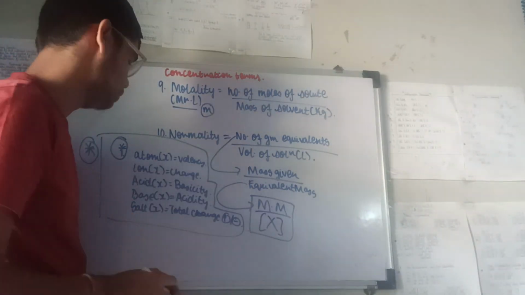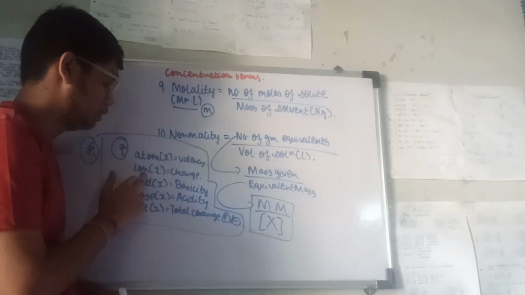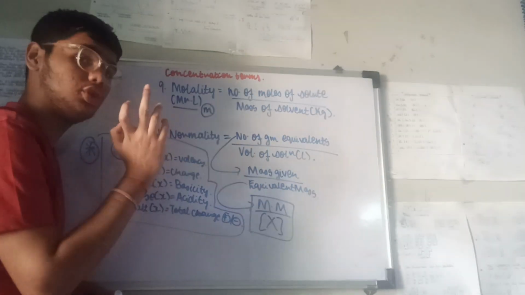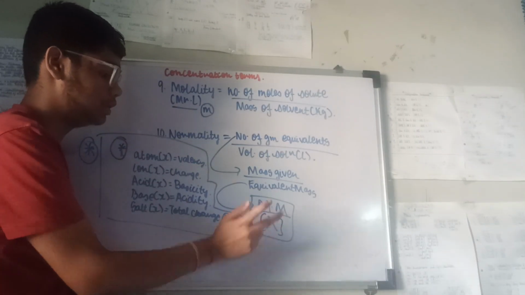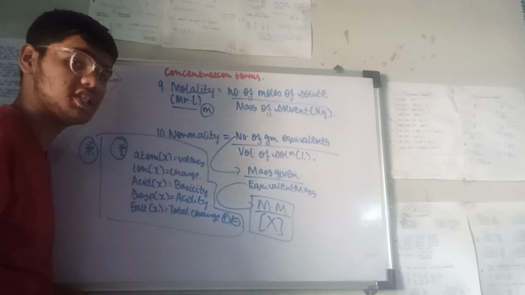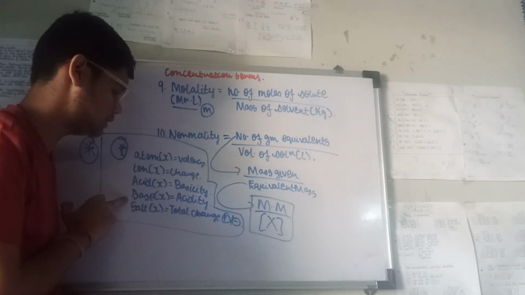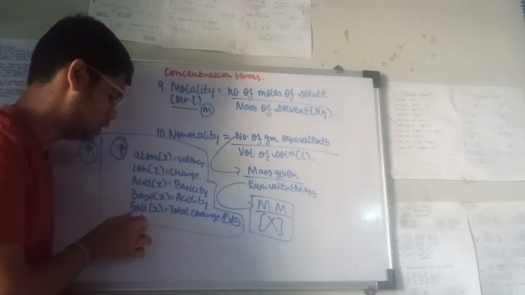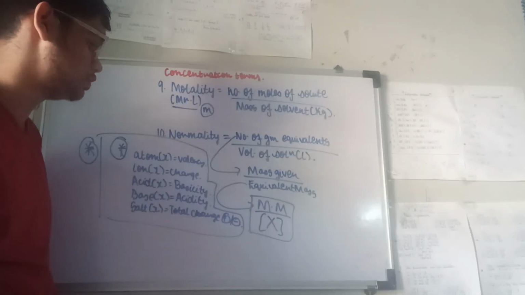For atom, the X is considered as the valency. For ion, X is the charge on the ion. For Na plus, it is 1, so plus 1 will be the X. For acid, basicity, number of H plus removed. For bases, acidity, OH minus. For salts, total charge, positive charge or negative charge.